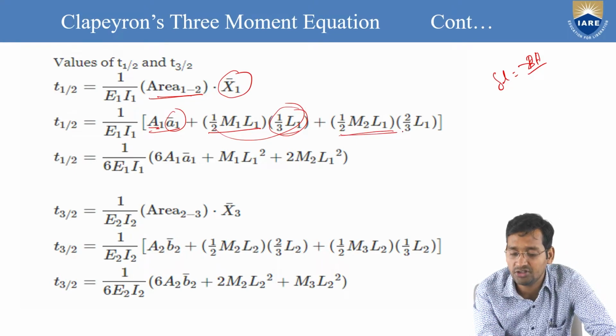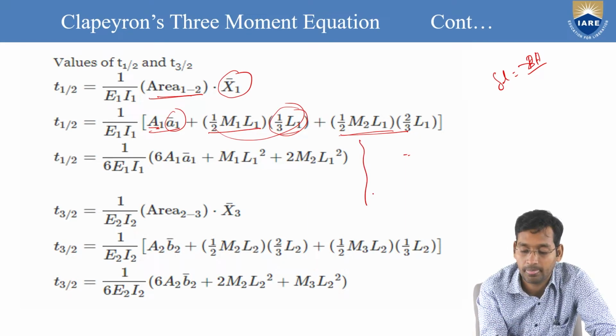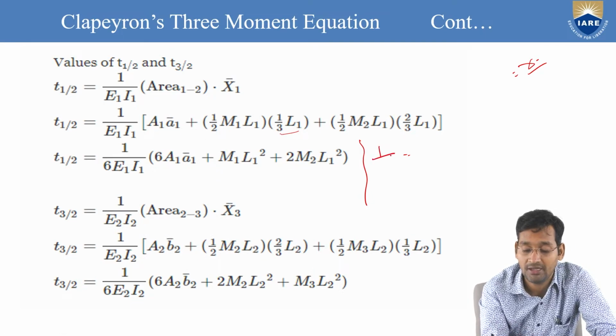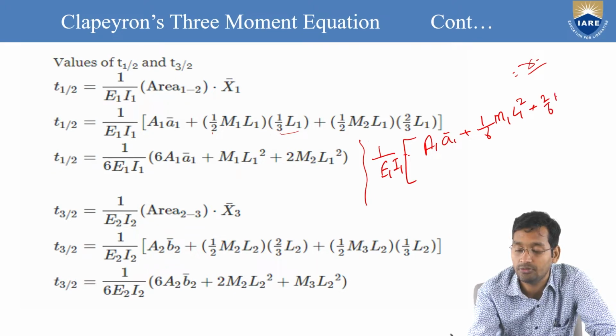Now let me simplify this term. 1 by EI constant. Keep this as A1 into a1 bar, plus after multiplying this we will get 1 by 6 M1 L1 squared, plus here 1 by 2, so 2 by 6 M2 L1 squared.